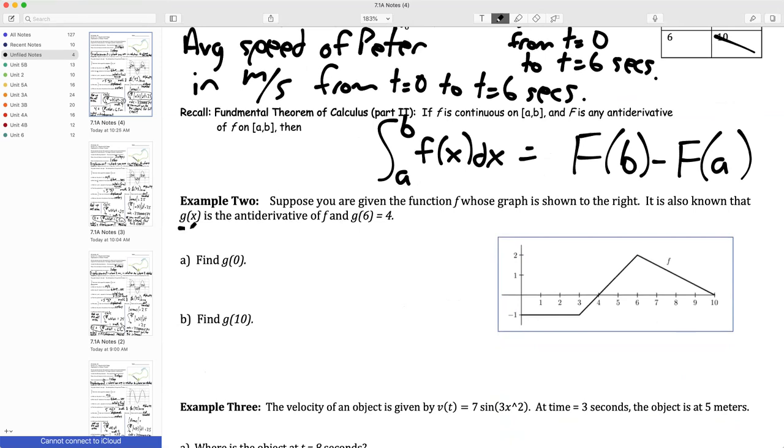It is also known that g of x is the antiderivative of f, and g of 6 is equal to 4. Okay, so a couple of things. This g of 6 is equal to 4. Let me ask you, what is that in terms of what we did yesterday?